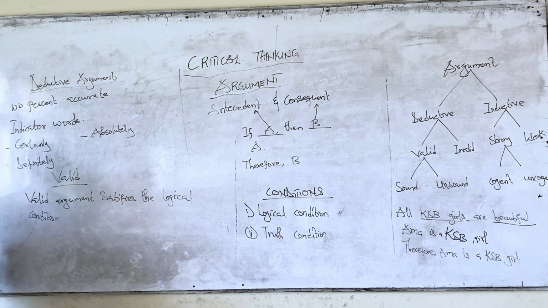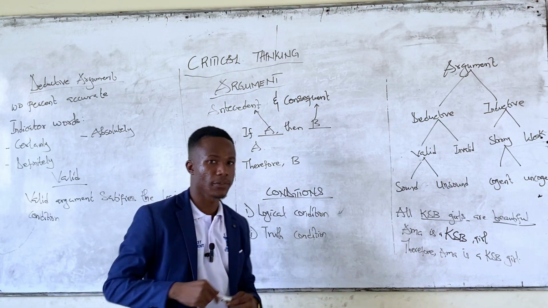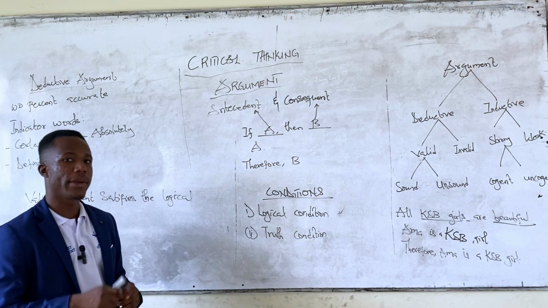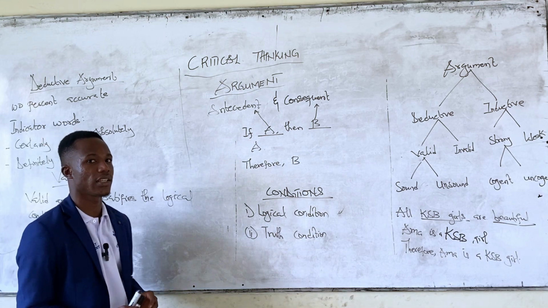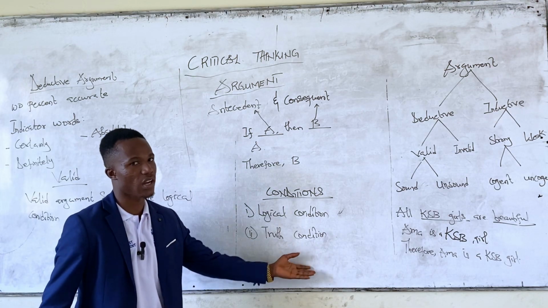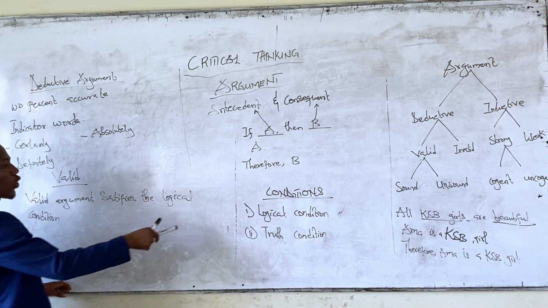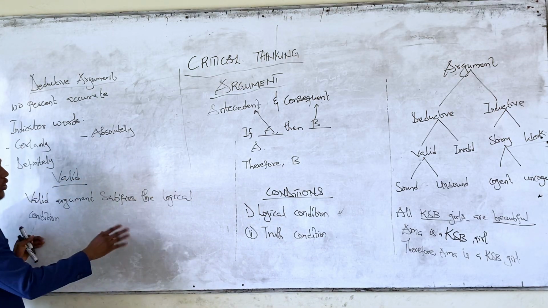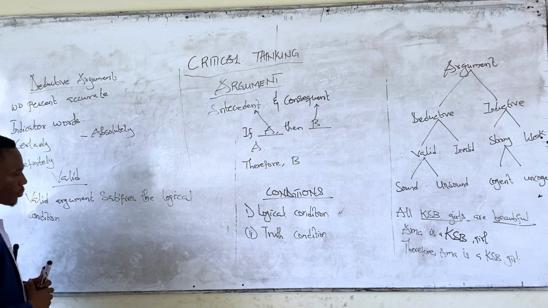Now, when we say the truth condition, I gave one example: birds sing, pig is a bird, and therefore pig can sing. That argument is false, and that one does not count here. Do you get it? So have it in mind that when we say an argument is valid, it means that argument satisfies the logical condition.